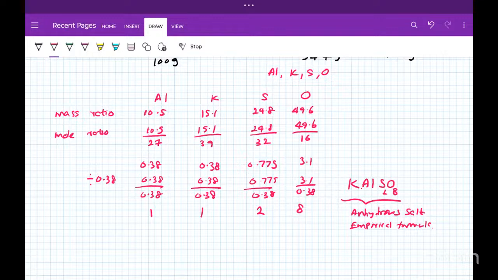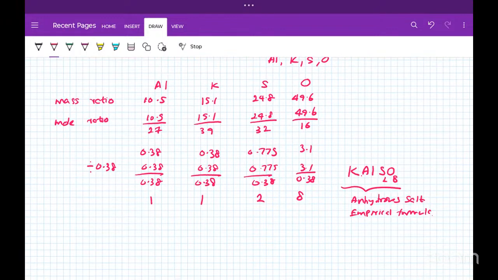Because we know we have been asked to calculate the formula of the anhydrous salt. Okay, now this is the formula of the anhydrous salt. That is done, right? So yes, this should be the empirical formula. This is the empirical formula of this one.